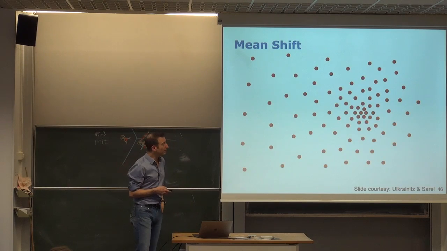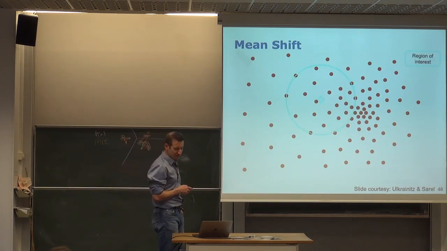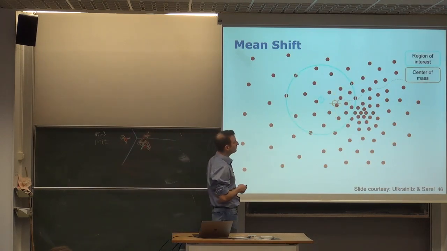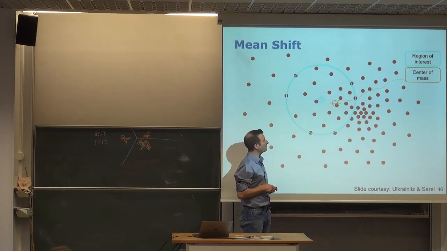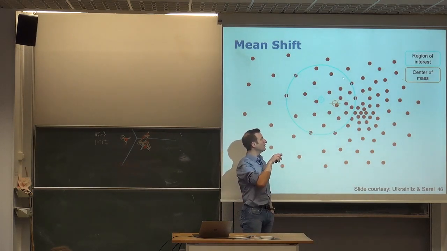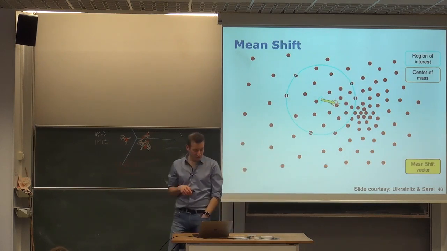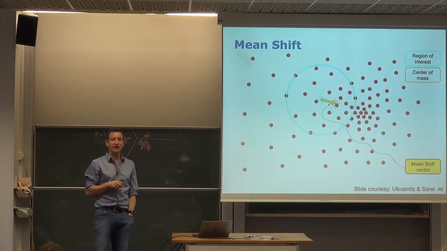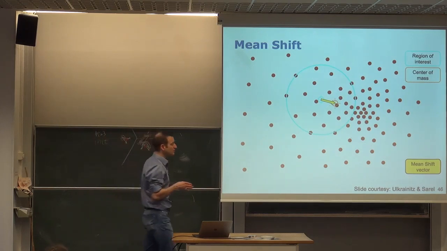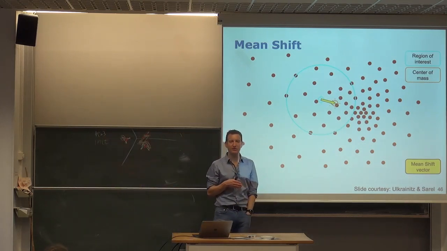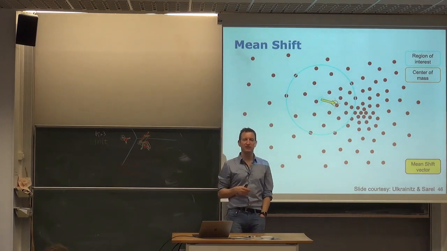Okay, so what we can do, again going to our example, we have our region of interest. We can compute the center of mass for all those data points. And then we say, okay, just follow in the direction of the center of mass, because there the density is expected to be larger.